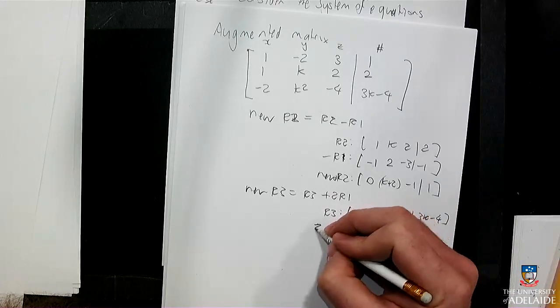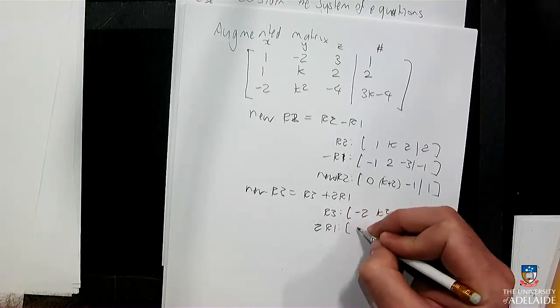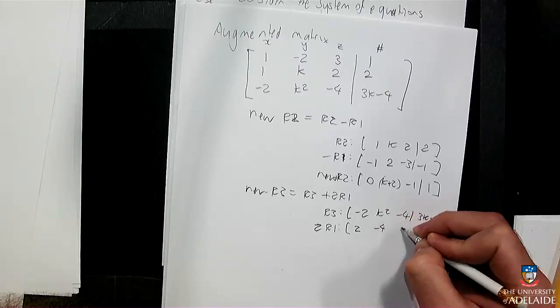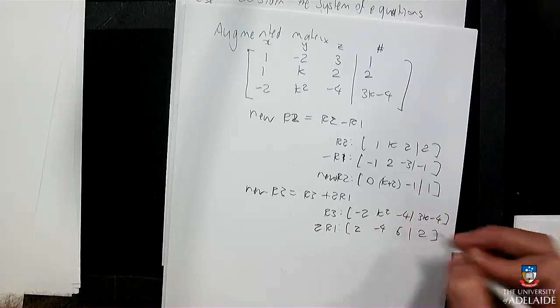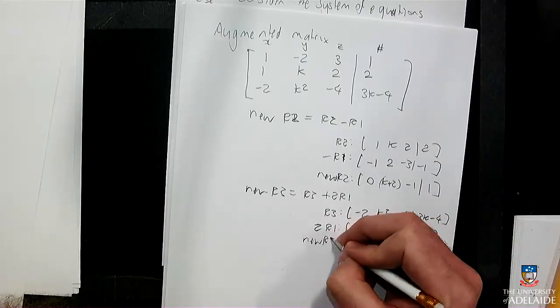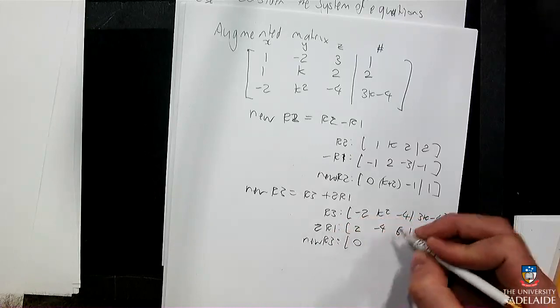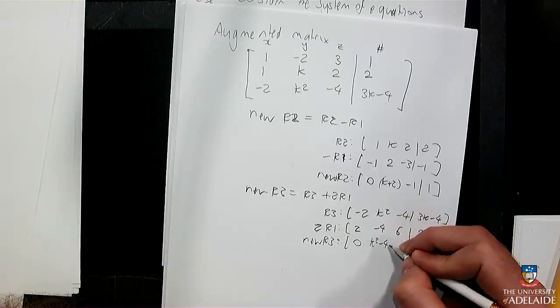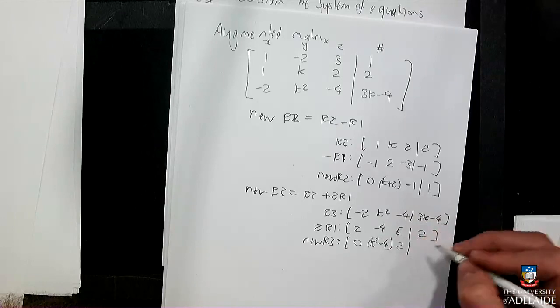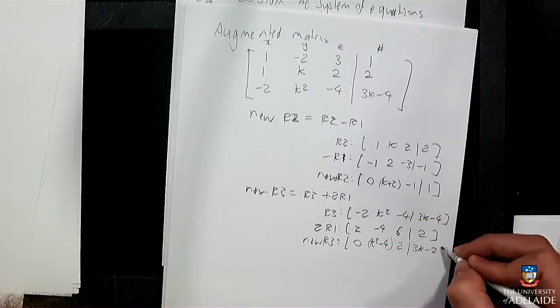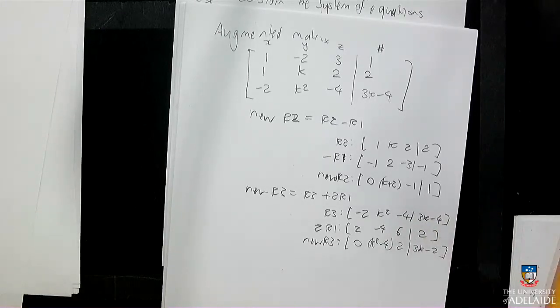And my plus 2 row 1 is 2, minus 4, 6, 2. And so my new row 3 is going to be 0, k squared minus 4, 2, and 3k minus 2, because if we add 2 onto that, we get that. Okay.